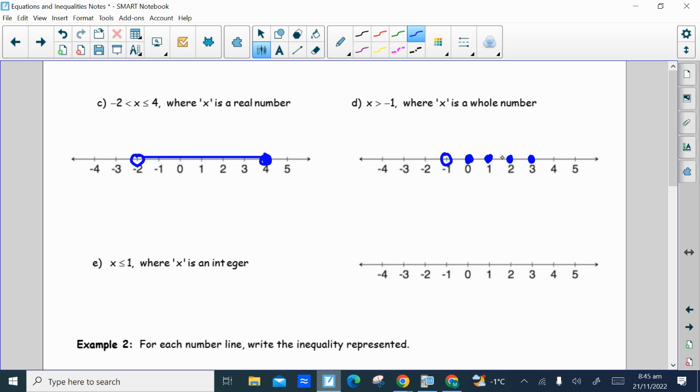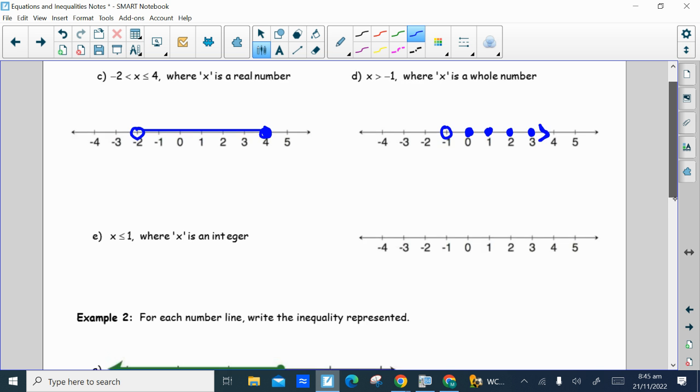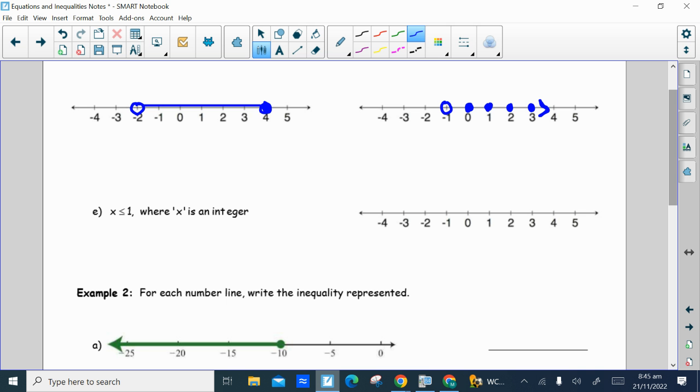We can only use dots here because whole numbers are only positive counting numbers, including 0. And then I'll put an arrow going off to the right to show that that pattern is continuing. And that arrow must be there because without it, whatever your last dot is, you're saying that that's where it stops. But this doesn't. That pattern continues.